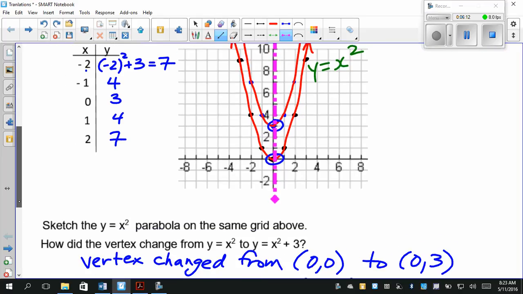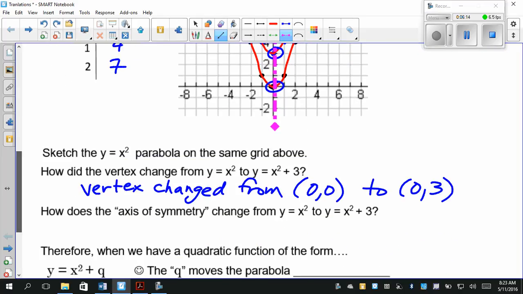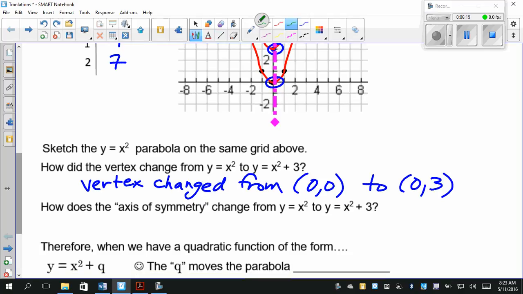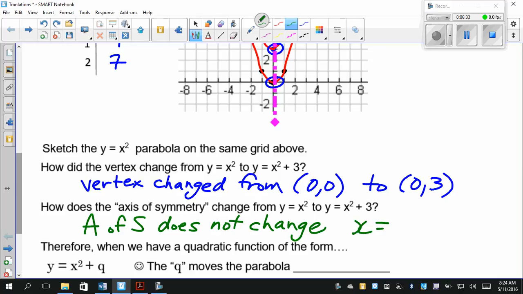So for this one, we're going to say the axis of symmetry does not change. And the equation for that axis of symmetry is x equals 0, because that's a line that cuts the x-axis at 0.